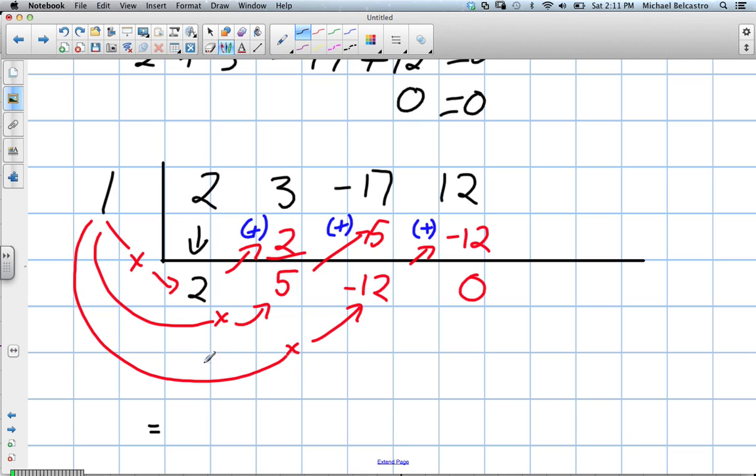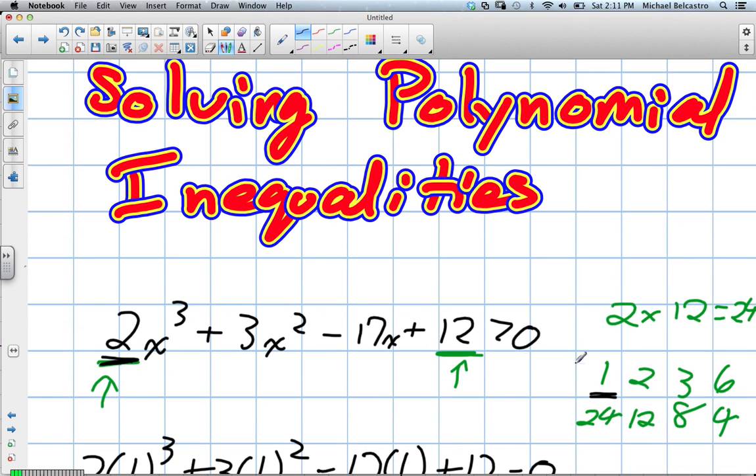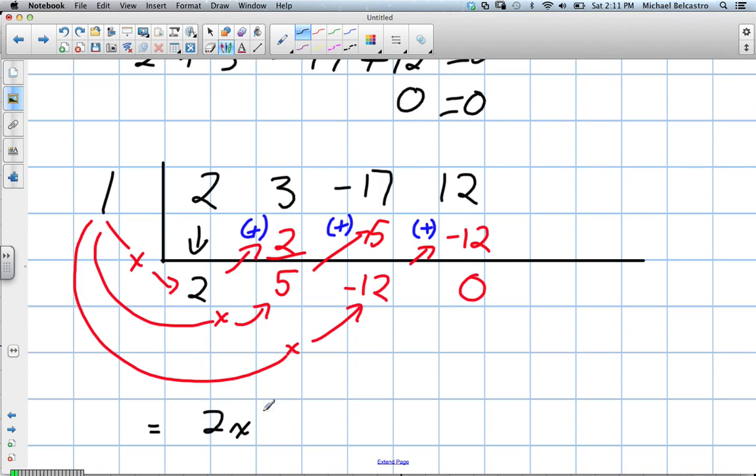2x to one less power than the first one. So what was the first one we started with? 2x squared, because we were at the power of 3. Okay, 2x squared plus 5x, since our next term is 5. Minus 12.